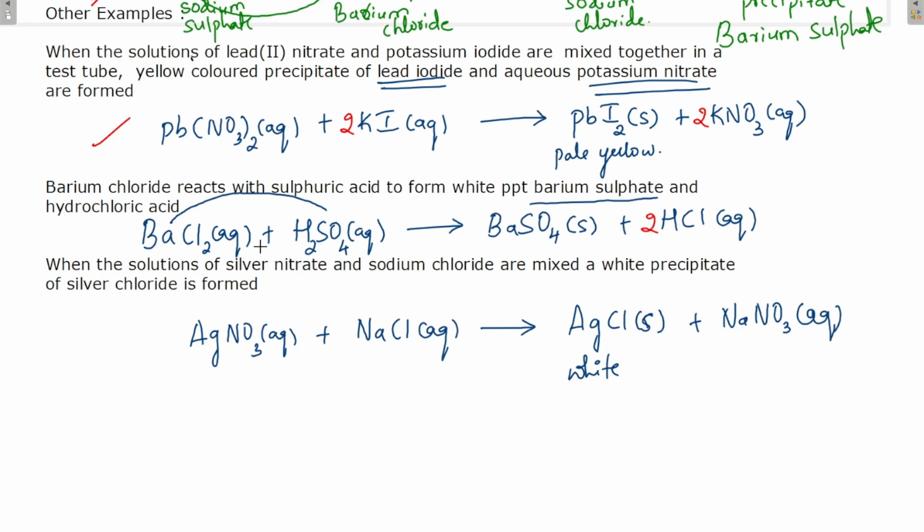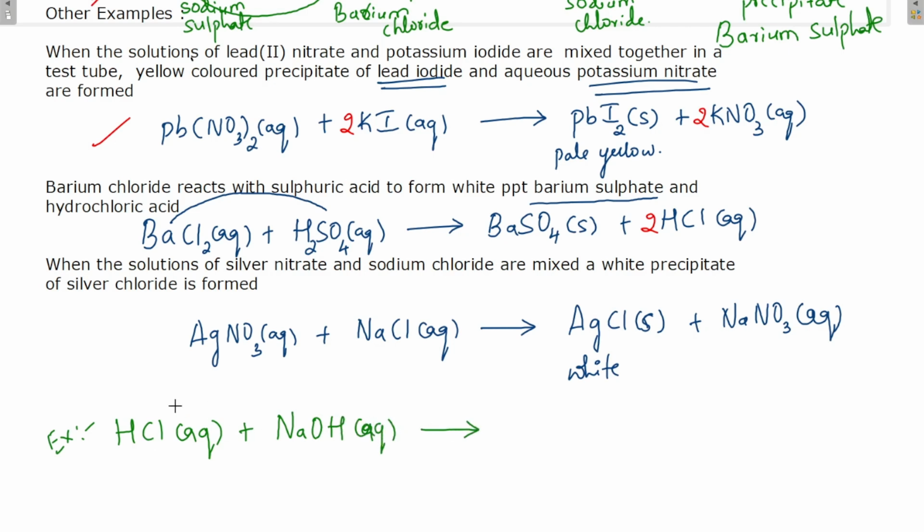I don't think that there is always formation of precipitate in a double displacement reaction. In many reactions there is no formation of precipitate. For example, in case of neutralization reaction, which you have learnt in grade 7, that is the reaction between acid and base. We are writing one more example here. And sodium hydroxide is a base.